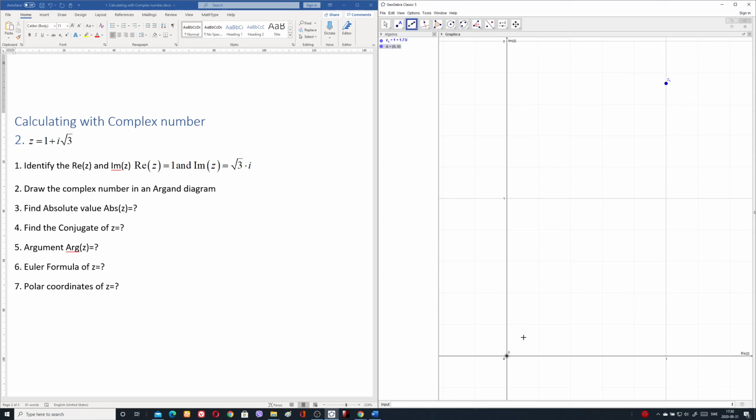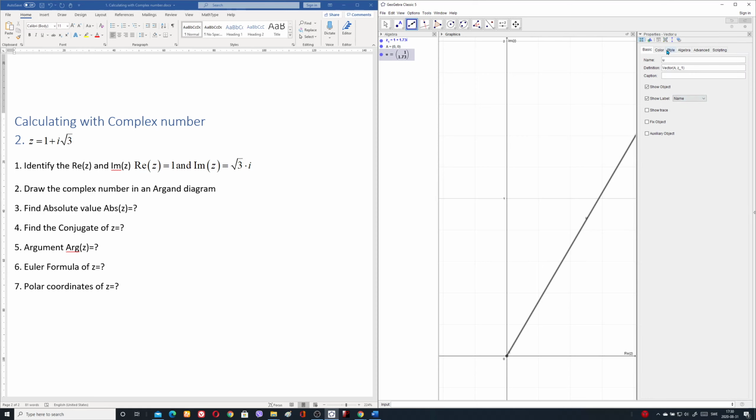Okay, so now we will sketch this vector, and I will go to the object properties. I will change the thickness. Let me see, it is very big, so something like that. It's okay. Take again the object properties for the basics. I'd like to put the name and value.